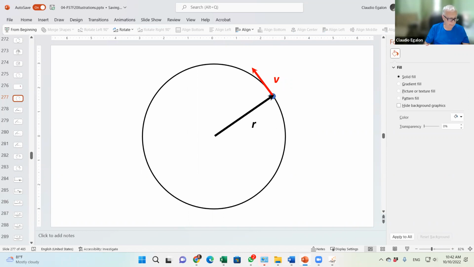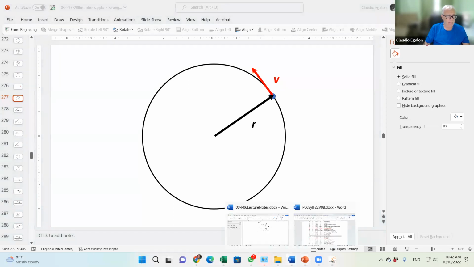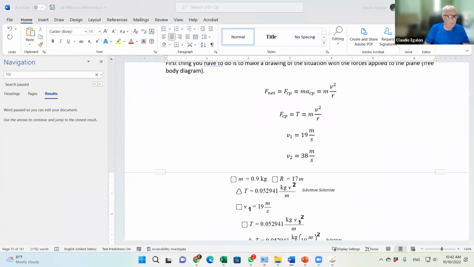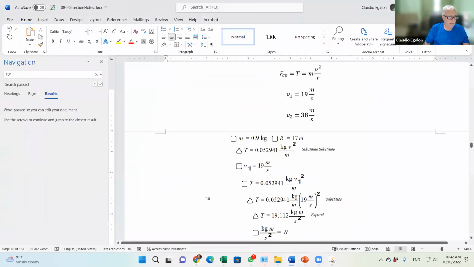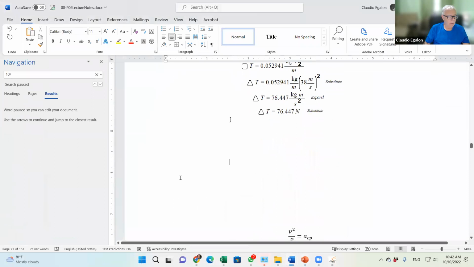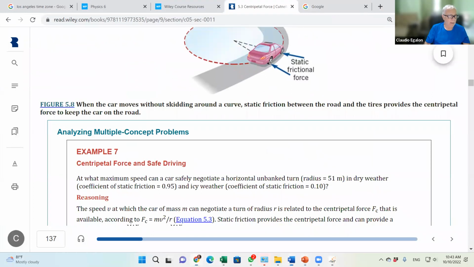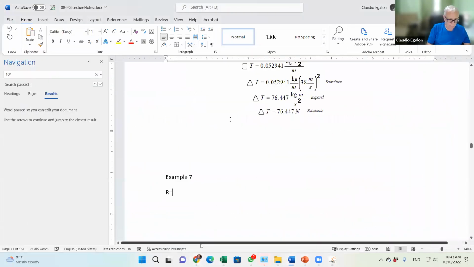Let's extract all the information that we want from that problem. Another example, that's example 7. Radius, 51 meters.